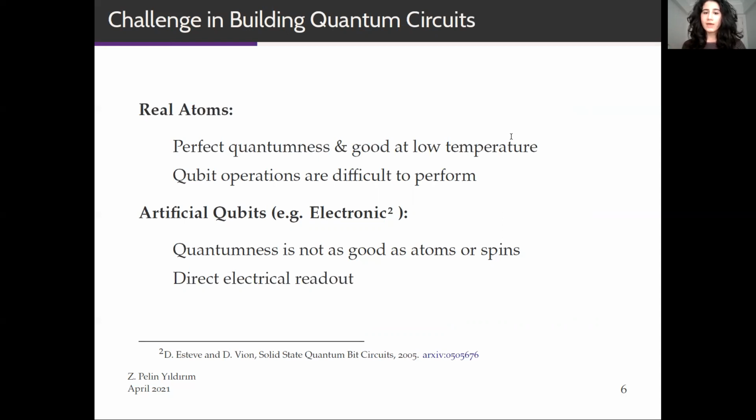Real atoms have perfect quantumness, meaning that their energy levels are convenient for qubit bits. However, we need some manipulations for artificial atoms, which we will discuss later. On the other hand, controlling the real atom is usually harder than controlling the artificial one. So we are facing a trade-off here.